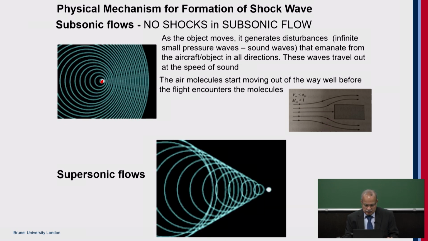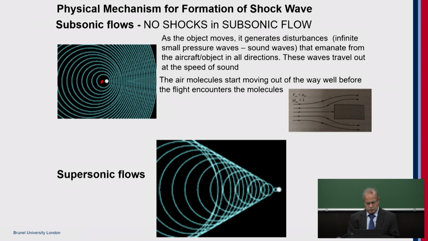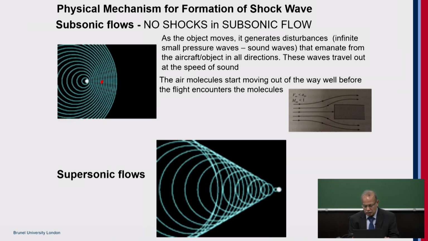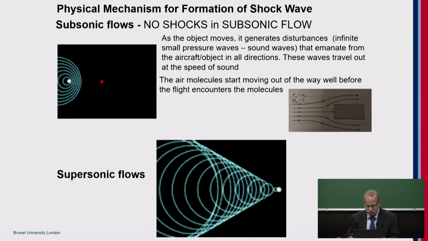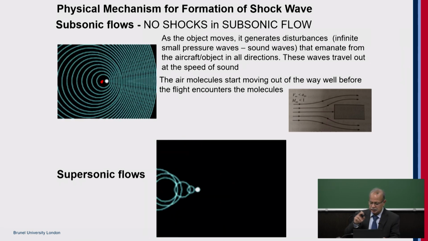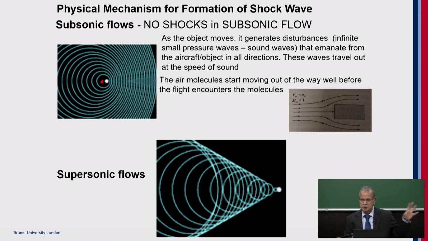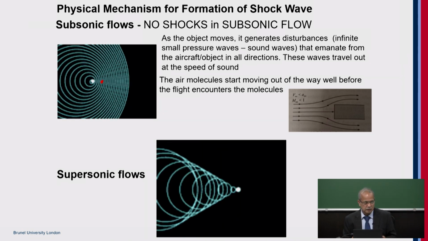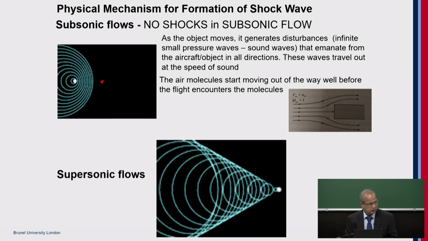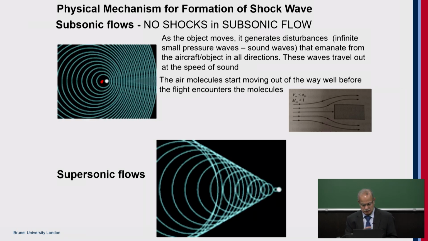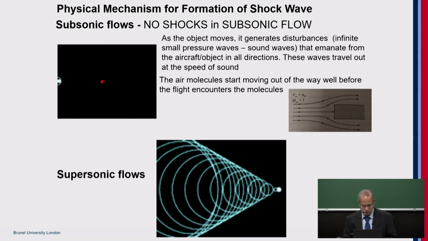Now, when you look at supersonic flows, the object moves at a speed greater than the speed of sound. So you can see that all the signals are communicated, but they are still behind the object itself. The object is ahead of the signals, which are communicated at the speed of sound.